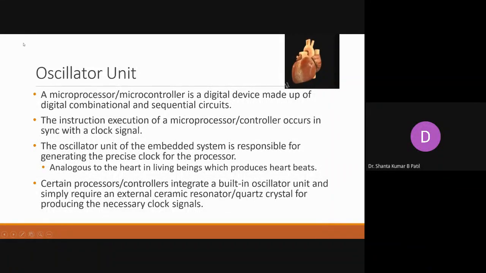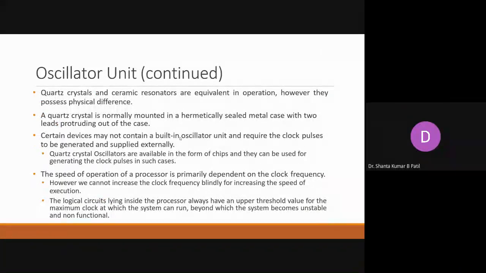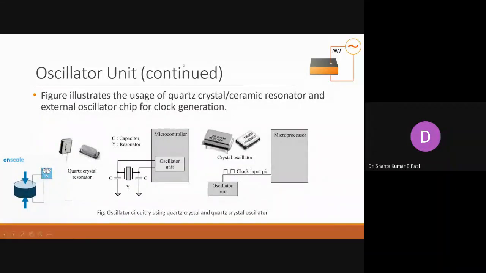Generally the oscillator is measured in hertz, megahertz, gigahertz. In this oscillator unit, a piezoelectric material is used. When voltage is supplied, it gets compressed as well as relaxed. So this is almost like generating positive and negative waves.